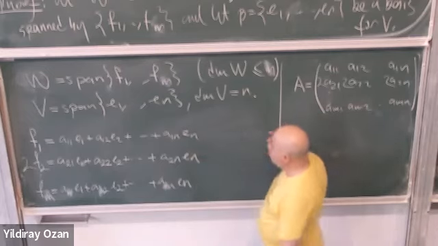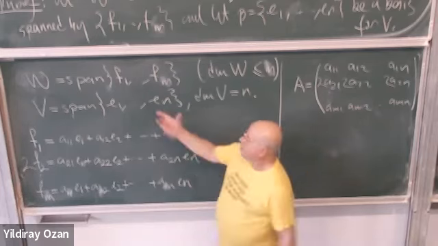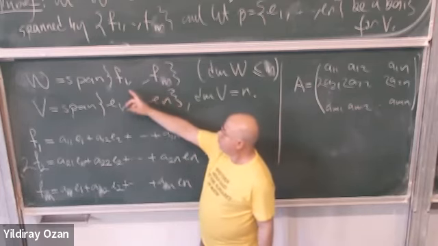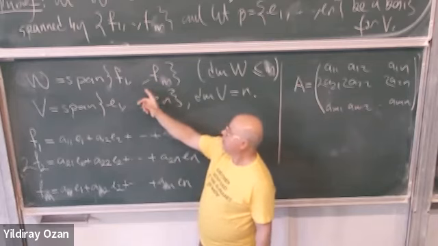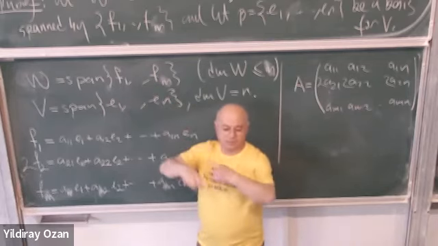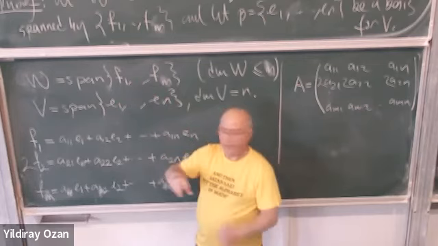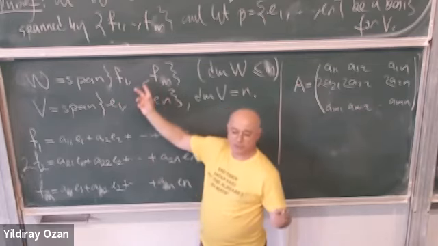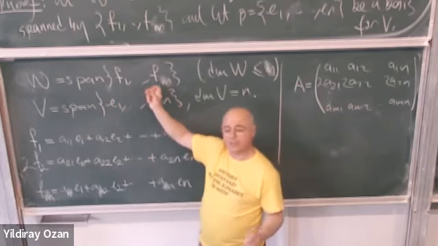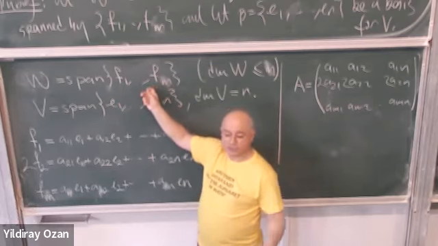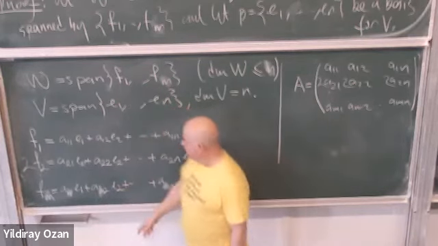So row operations will correspond to operations on this subspace, on these generators, right? Either you multiply a generator with a number or interchange two generators or add a multiple of a generator to another generator.